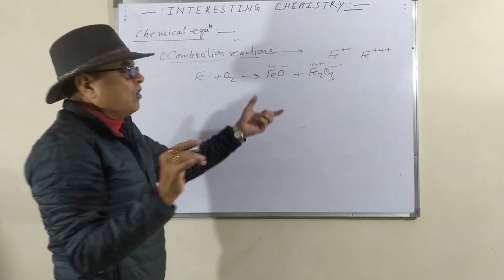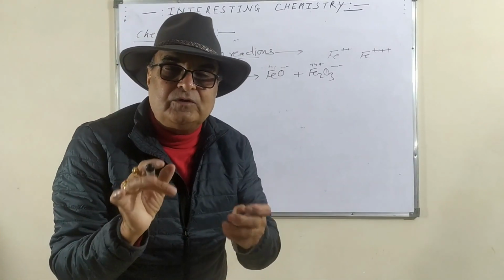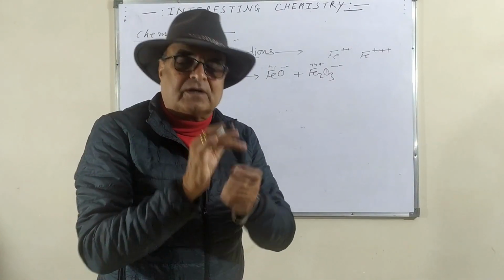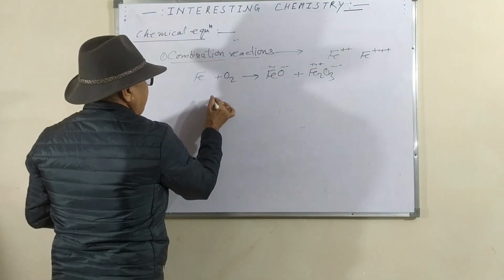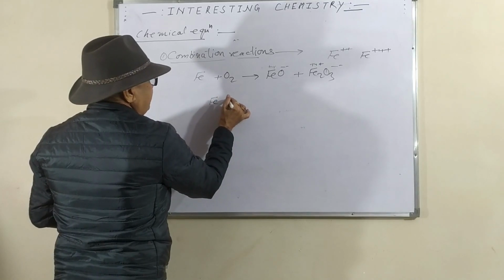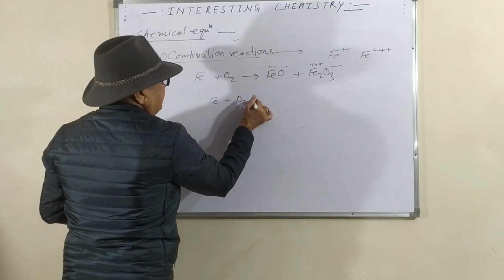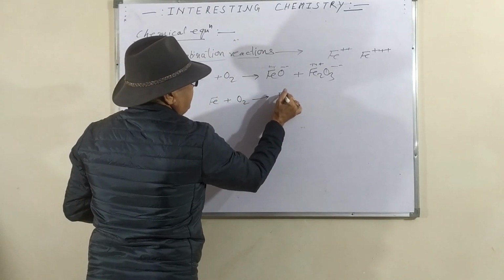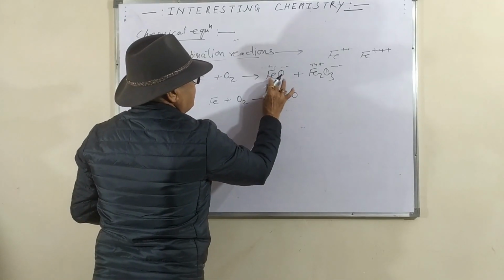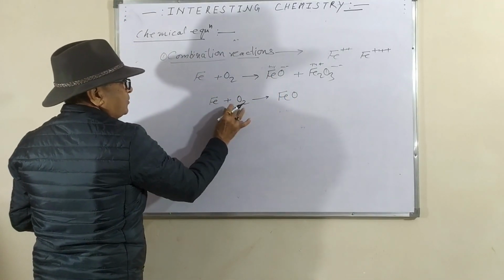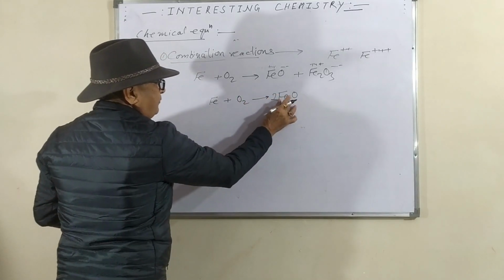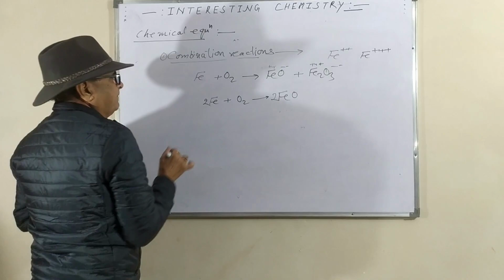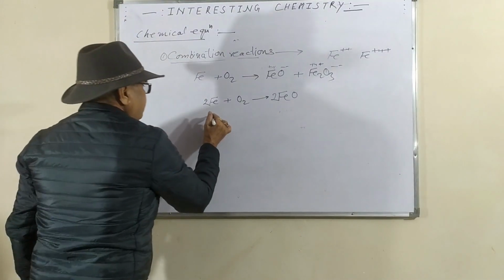Now how will you balance this equation? Come to the partial method. Fe plus O2 gives the formation of FeO. Now balance this equation: there are 2 oxygens, so 2FeO and 2Fe.